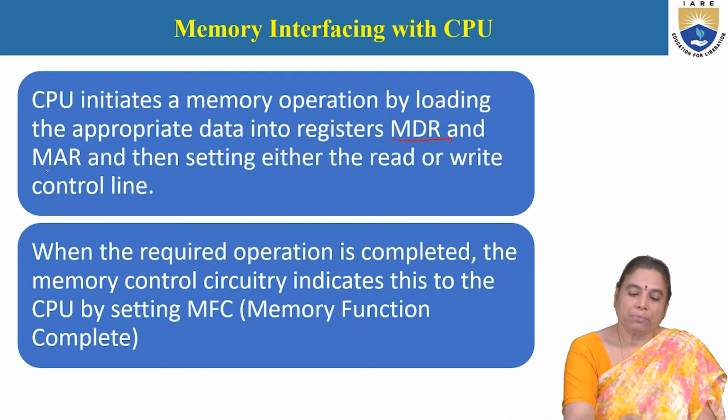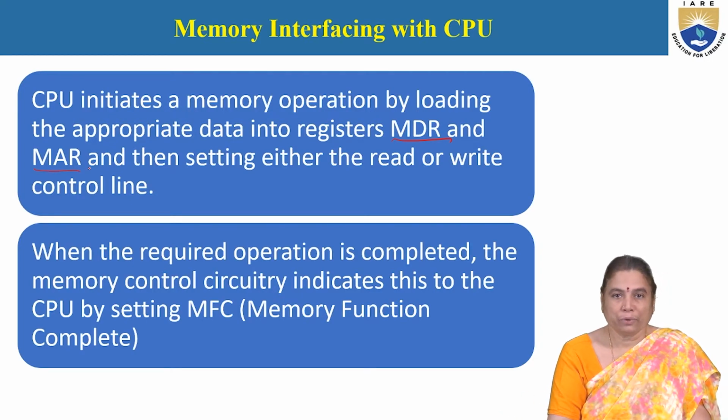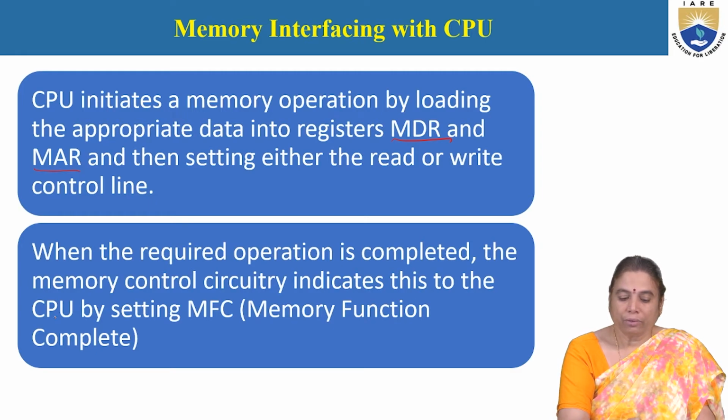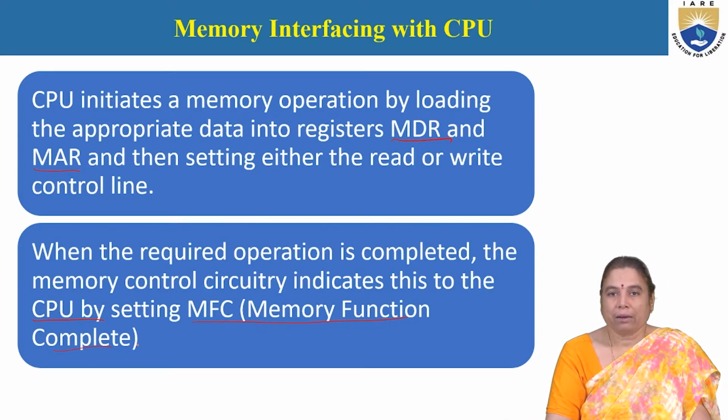The address is loaded by the processor in the MAR, and only then can the read or write operation be initiated. When the required operation is completed, the memory control circuitry indicates this to the CPU by using the MFC, memory function complete. So it is an acknowledgement that either the read or write operation is completed.